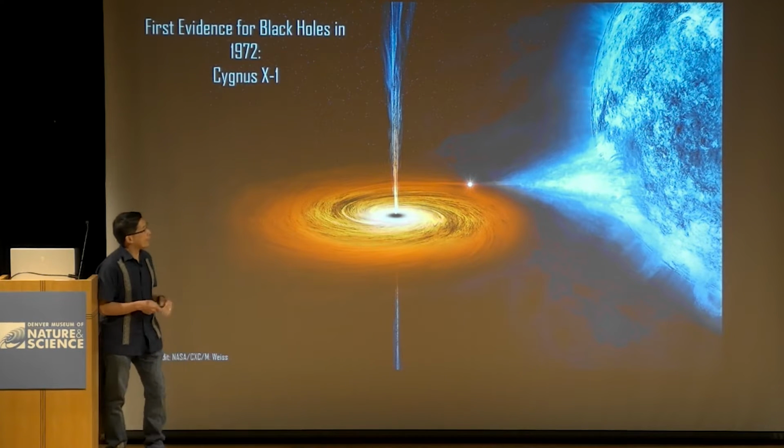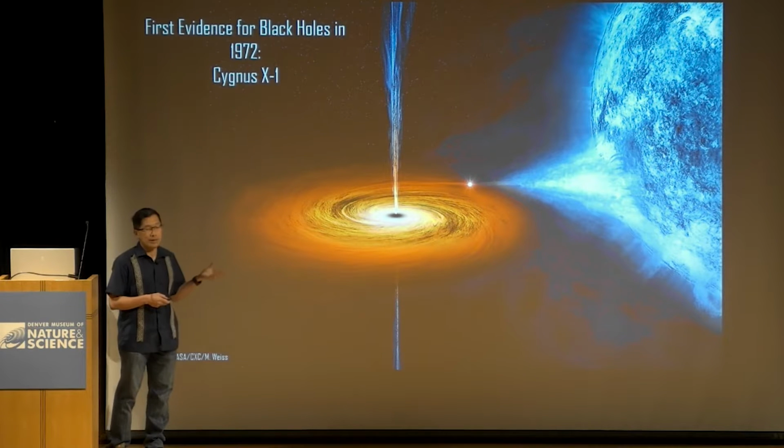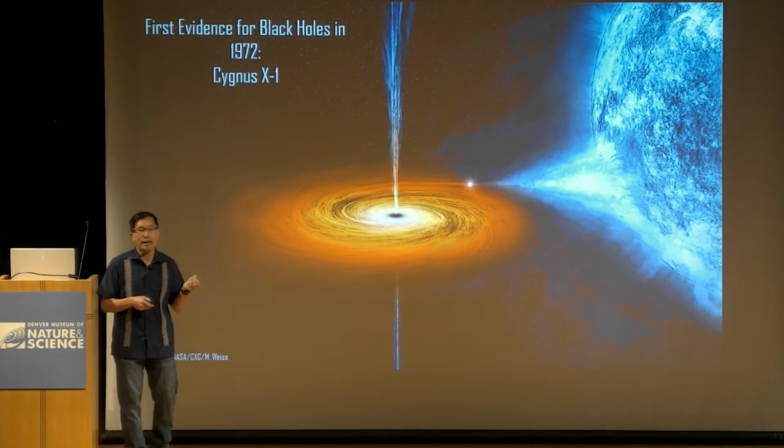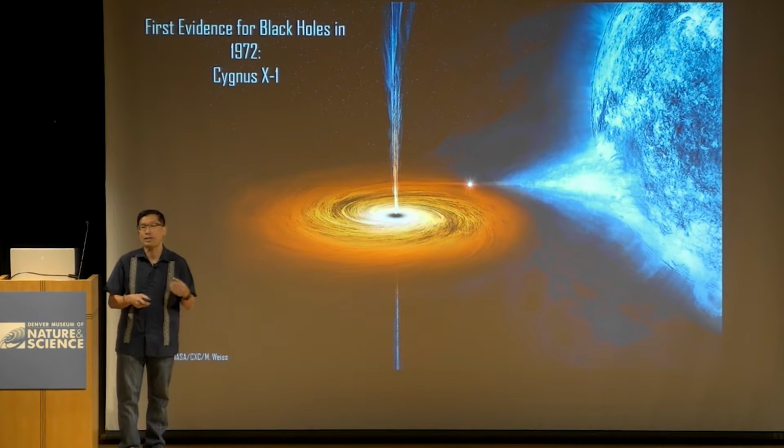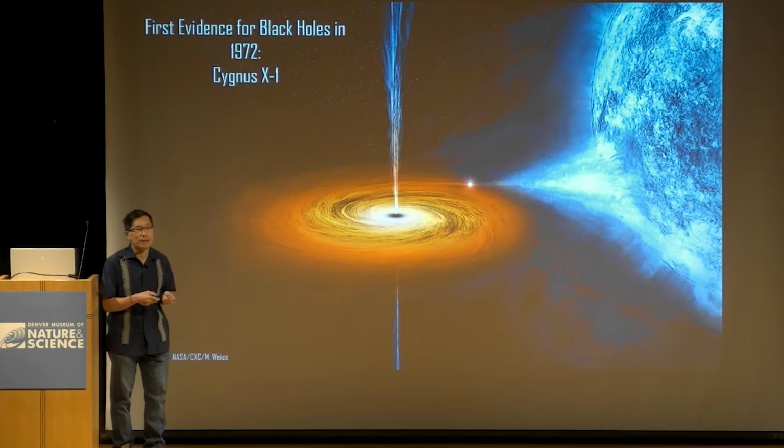And so our first evidence of black holes came from transients, meaning emission of light or X-rays that appeared spontaneously and then disappeared, and it didn't necessarily repeat again.